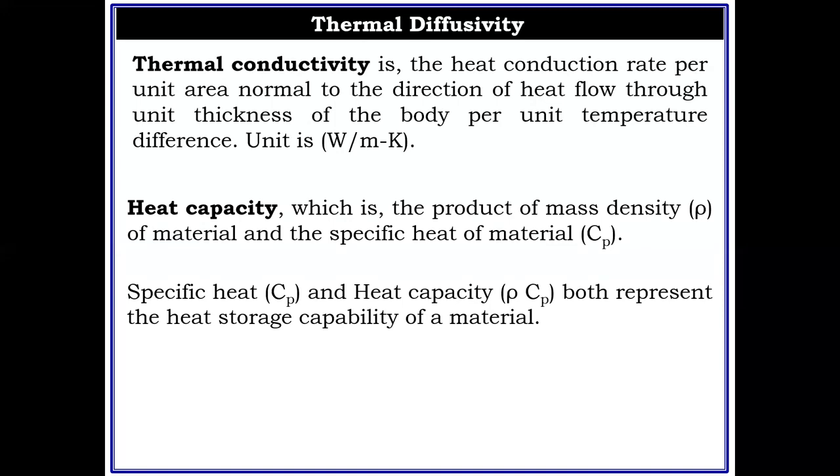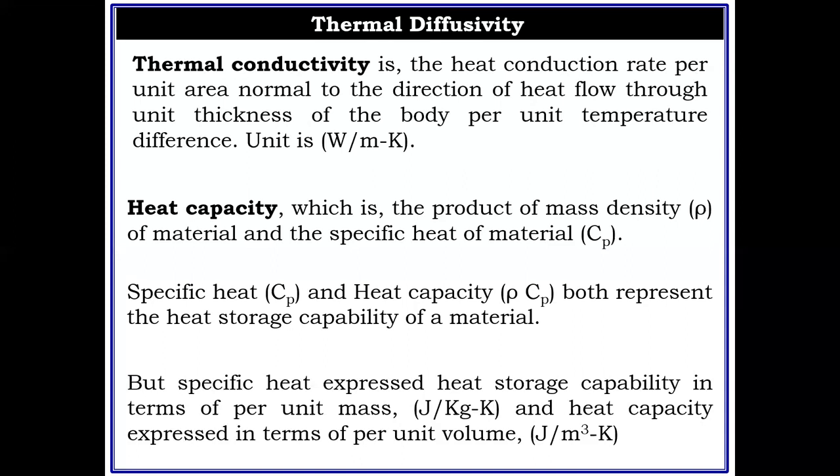So specific heat and heat capacity, what is the difference between these? Specific heat and heat capacity both represent the heat storing capability of the material, but specific heat expresses heat storage capability in terms of per unit mass, that is joule per kg Kelvin, and heat capacity is expressed in terms of per unit volume, so joule per meter cube Kelvin.